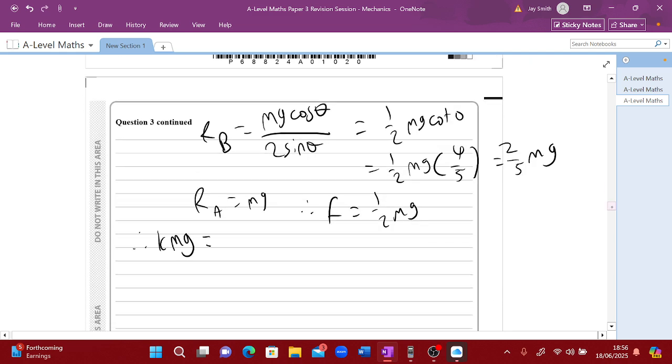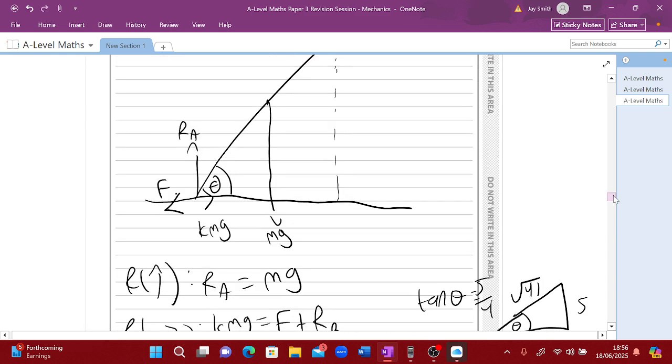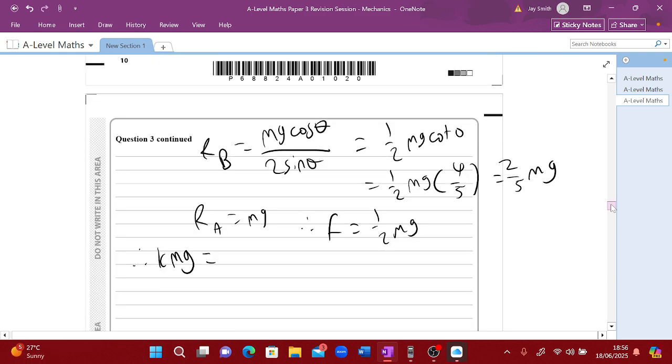Kmg is going to equal F plus RB. So F is a half mg, and RB, which is 2/5 mg. So therefore, K is a half and 2/5. I'm just getting rid of the mg, which is going to equal 9/10. And there we are. Lovely.